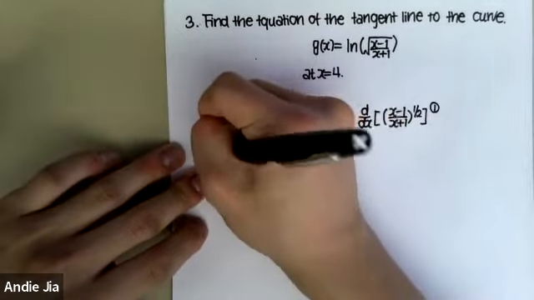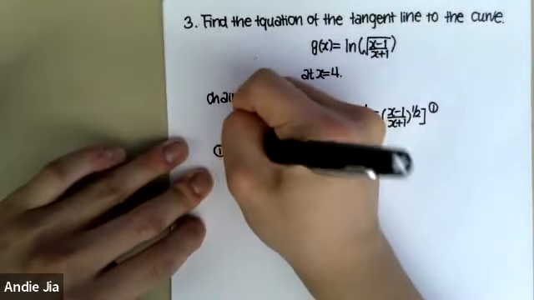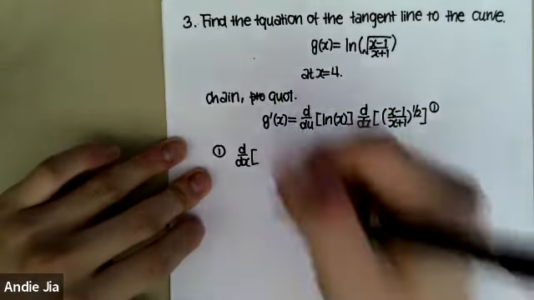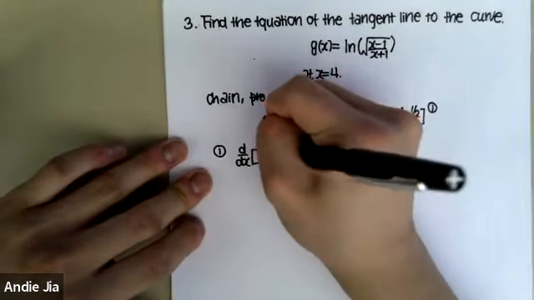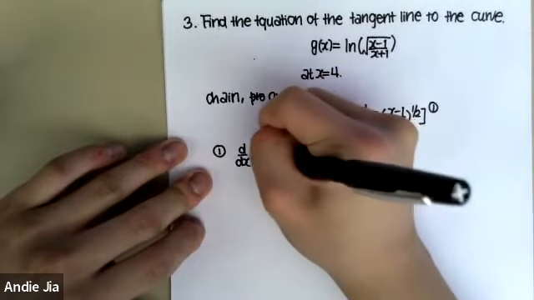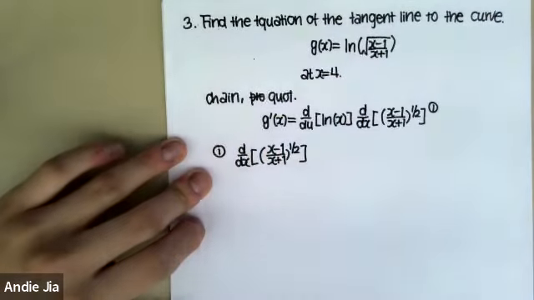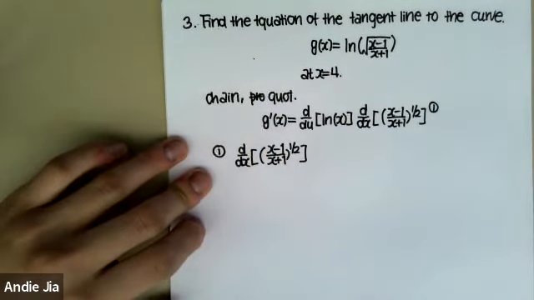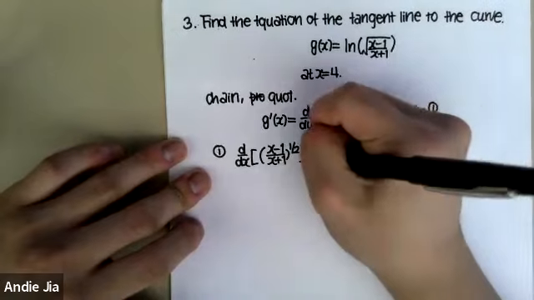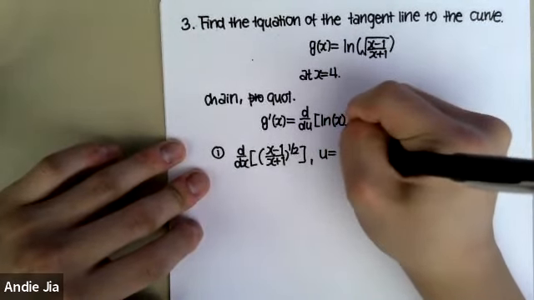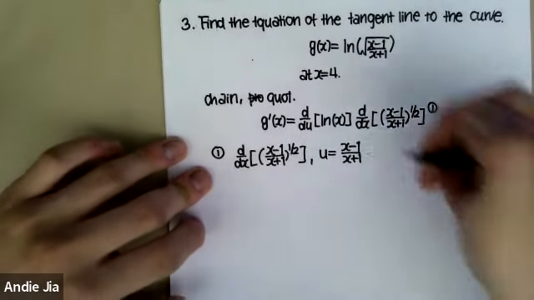So for 1, d/dx of square root of (x minus 1)/(x plus 1), which is to the 1/2, we have to use the chain rule again. So u equals (x minus 1)/(x plus 1).